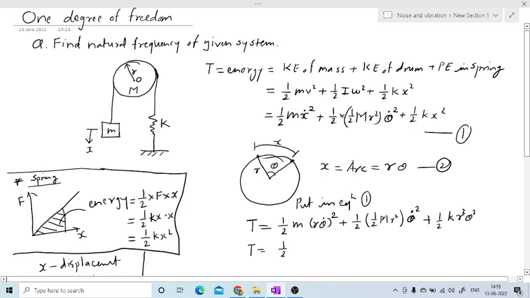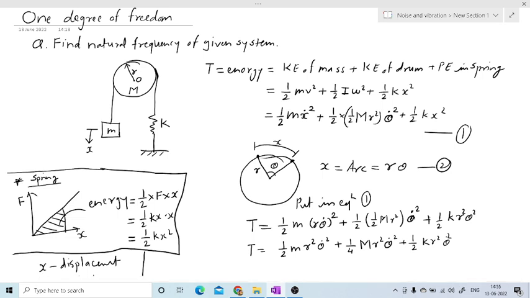So this will be half, this is the small m, then r square theta dot square, I have written the square separately, plus this is 1 by 4, 1 half into 1 half, 1 by 4 into capital M into r square theta dot square plus 1 half k r square theta square. Okay. Now we have equation in the form of theta dot.